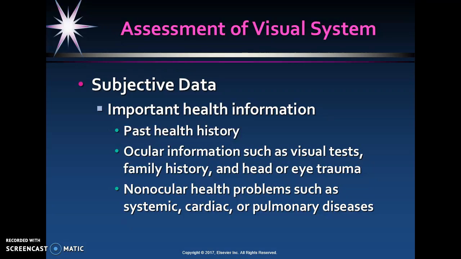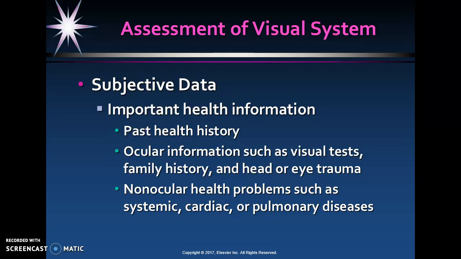Some subjective data that's important to ask your patient about, of course, is past health history. You want to know if there are any issues going on with their eyes. Do they have cataracts? Have they had a lens implant, a history of glaucoma, or a family history of glaucoma? Medications can have an effect on the development of glaucoma and cataracts.